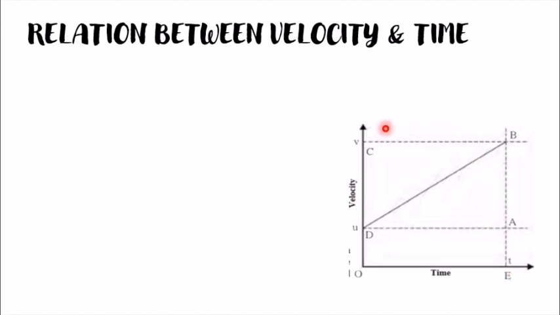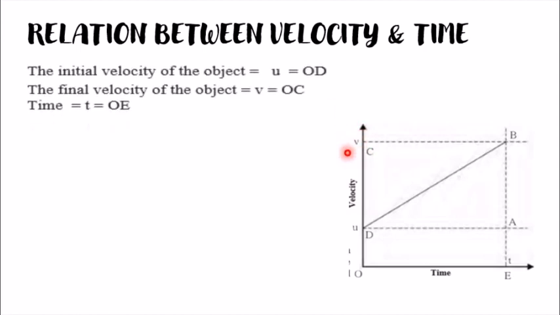From the graph we know that OD is the initial velocity u, and OC is the final velocity v. Our time is t, that is OE.